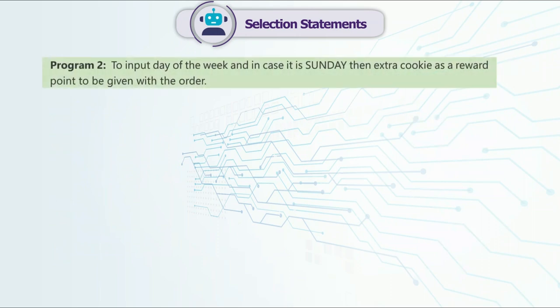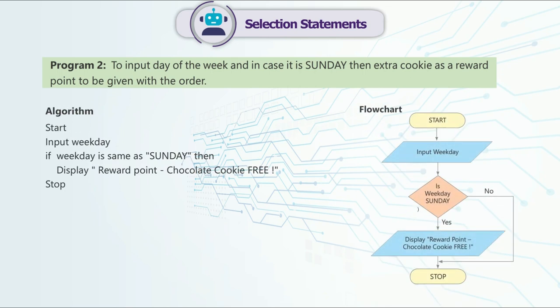Program 2. To input the day of the week and, in case it is Sunday, give an extra cookie as a reward point with the order. Algorithm. Start. Input weekday. If weekday is the same as Sunday, then display reward point chocolate cookie free. Stop. Flowchart. Start.